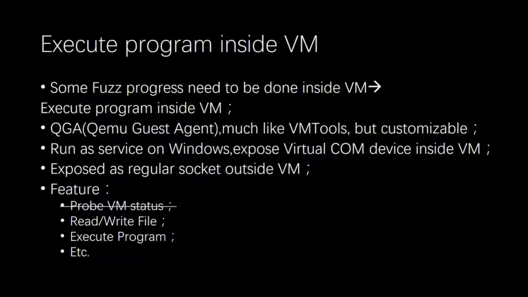So here I used a feature called the QEMU guest agent to run the program inside the VM, and it exposes another Unix socket outside the VM, so it's easy to manage this progress. And the QEMU guest agent provides some functions for us to do this.